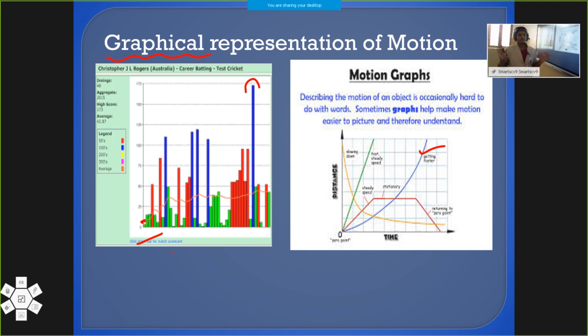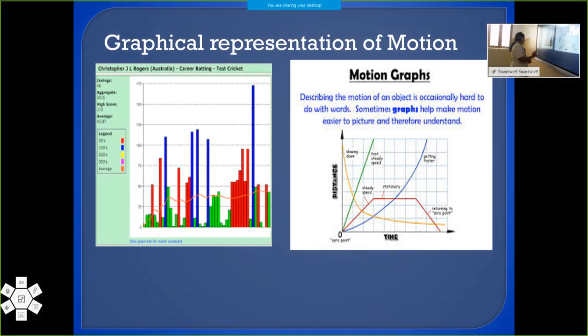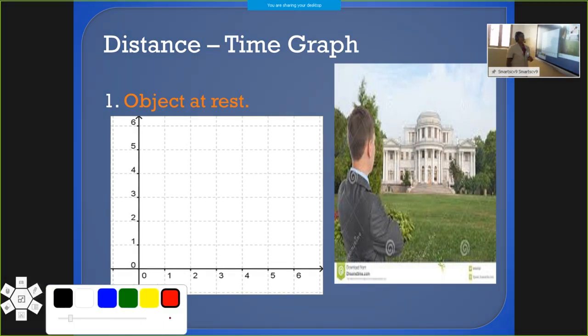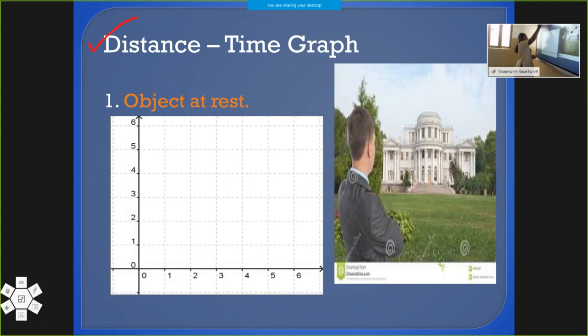So we need two axes only, the x and y axis. The first graph to represent motion is the distance time graph. So we have two axes, x and y axis, and this is the name of the graph, distance time graph.